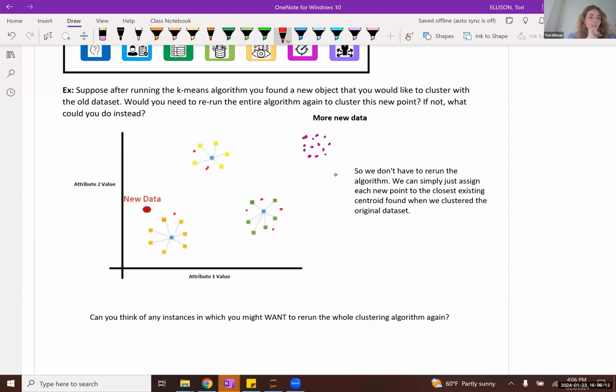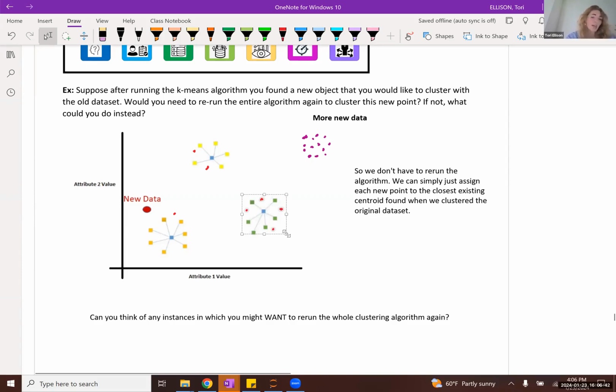Would it be that big of a deal if we simply assigned these particular points to their closest centroid? It might not be that big of a deal if we noticed that our new data points tended to be relatively close to existing observations in the original data set, or the current centroids that we had.